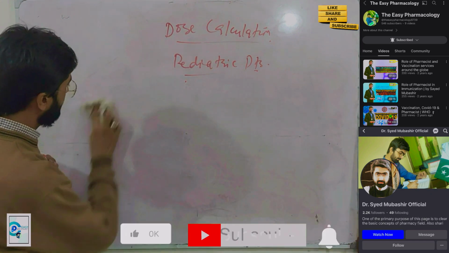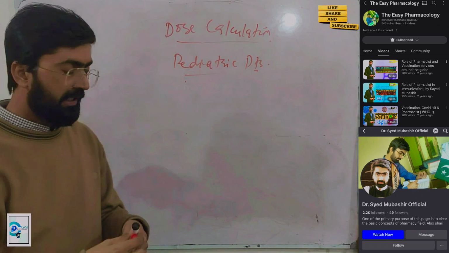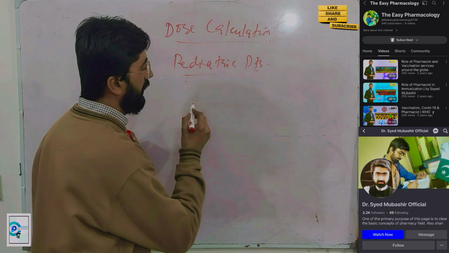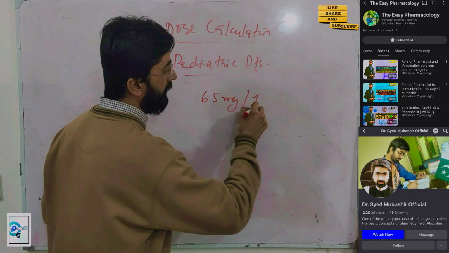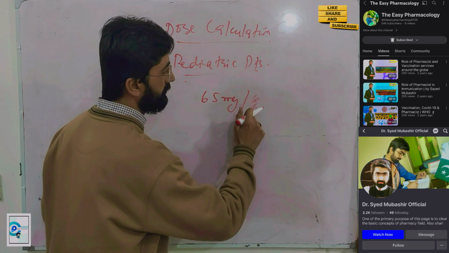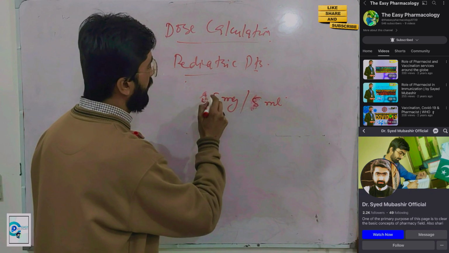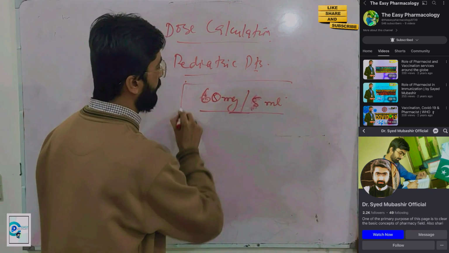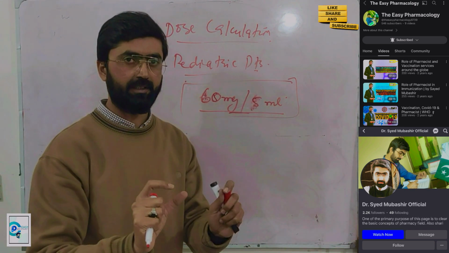The second thing which you have to do: let's suppose there is a drug, 60 milligram in 5 ml. This is the strength mentioned on the label of that container.